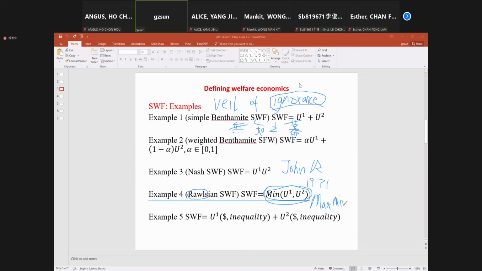What does that mean? The key idea comes from John Rawls. He argued we should identify among all the possibilities in the future, when we take action, when we design social or economic or political policy, what's the possible worst. And then we maximize this number.